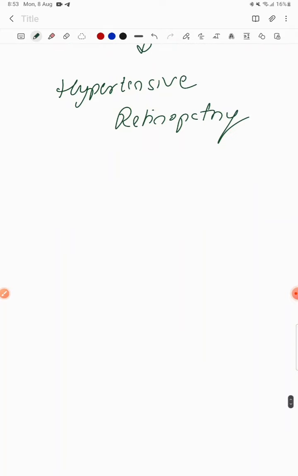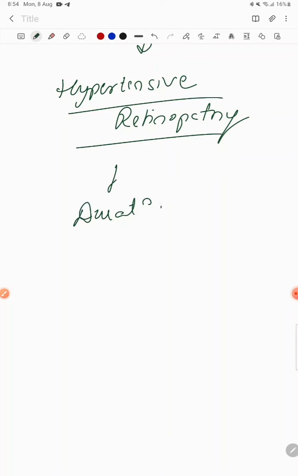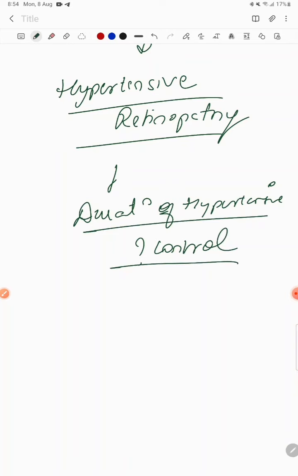Whether it is in control or it is going more than 180 systolic, or diastolic more than 90, whatever it is. So hypertensive retinopathy will occur due to the duration of your hypertension and how much it is controlled. According to that, the changes will occur.